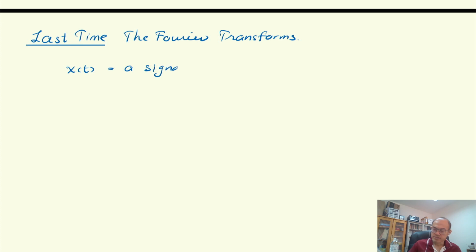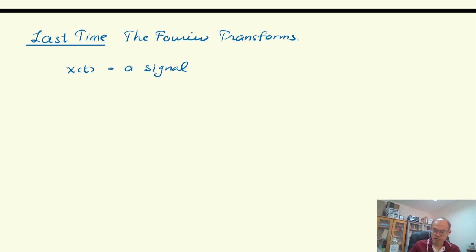It could be any signal. When we talked about Fourier series, we restricted ourselves to only periodic signals. But when we talk about Fourier transforms, the signals do not have to be periodic. It could be any practical signal. All right, so x is a signal.